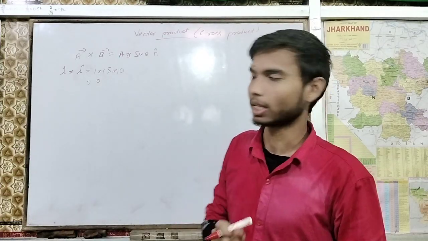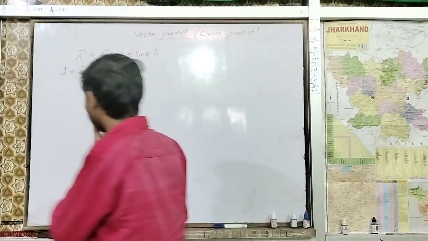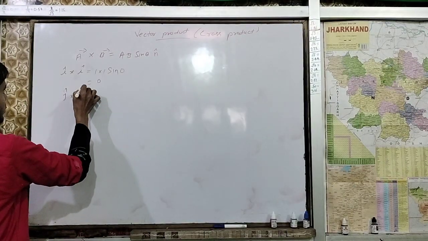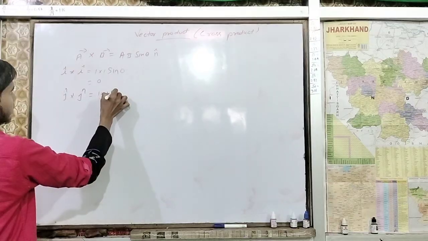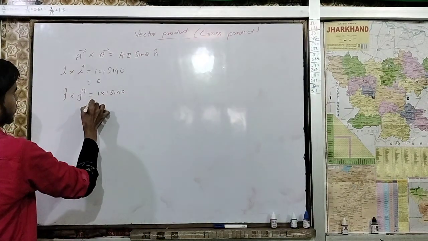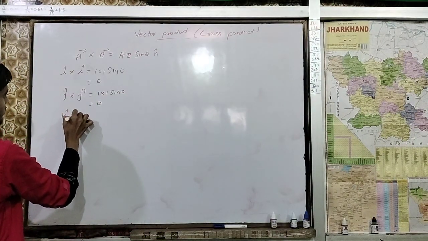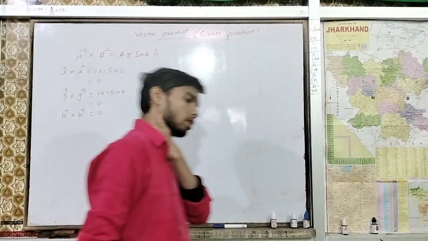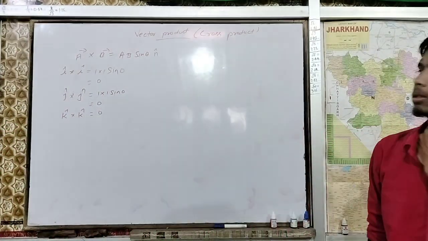That's it. Same j cap into j cap, again you will get same thing, 0. It will happen with the k cap. Again 0.